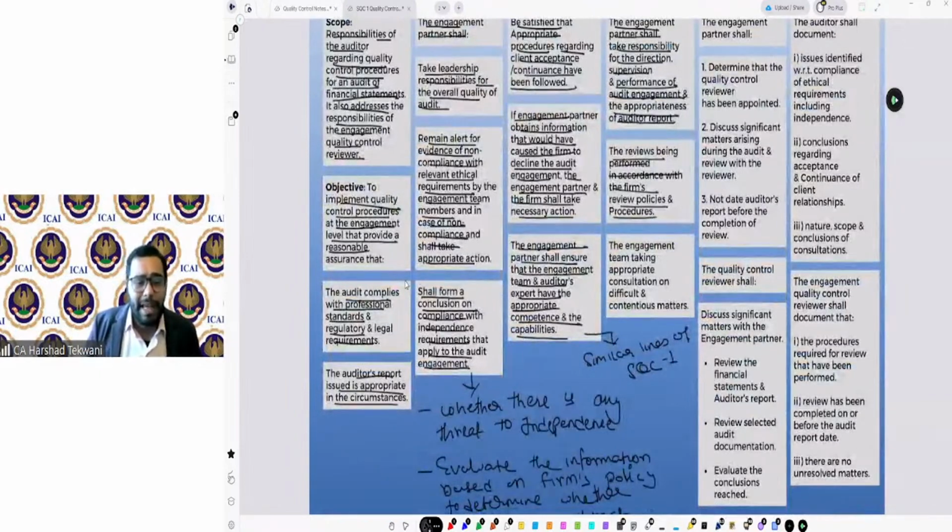Then the engagement team takes appropriate consultation on difficult and contentious matters. So it is the responsibility of the engagement partner to ensure that the team is considering taking appropriate consultation on difficult matters.